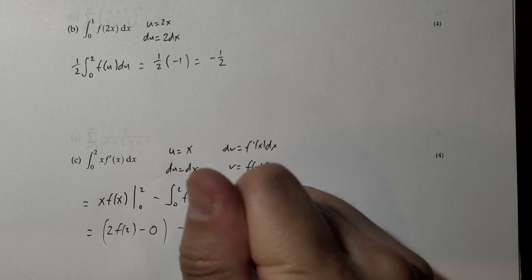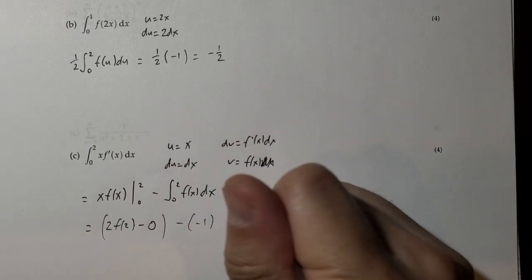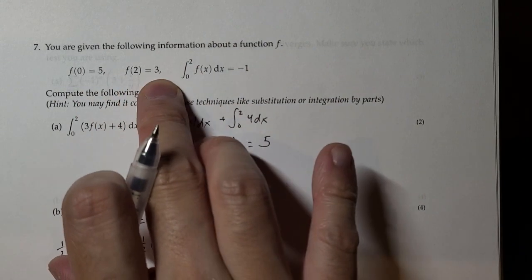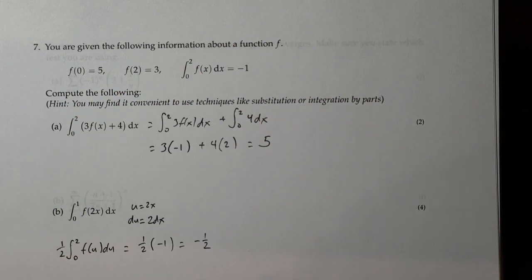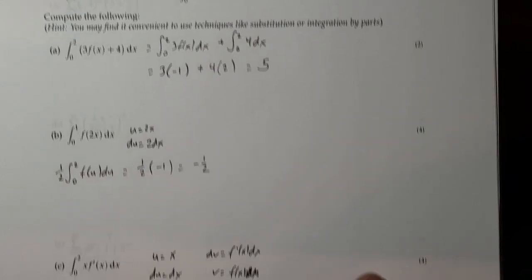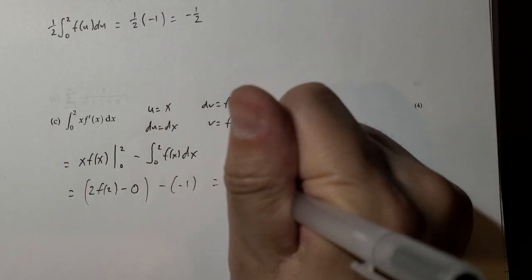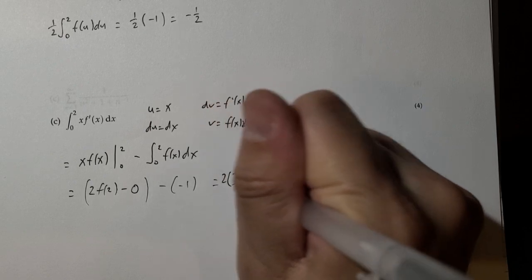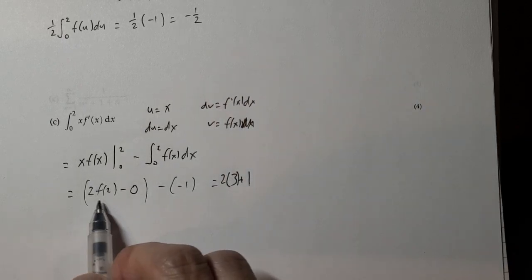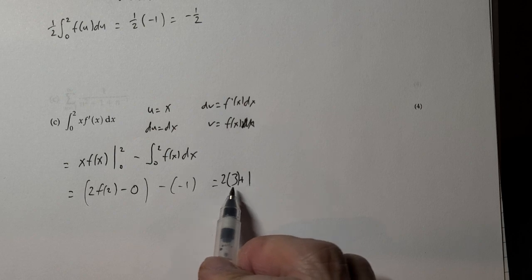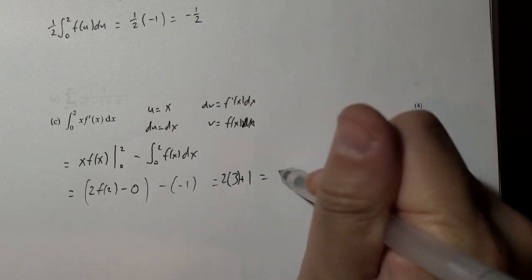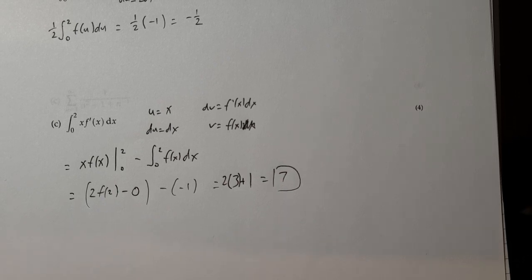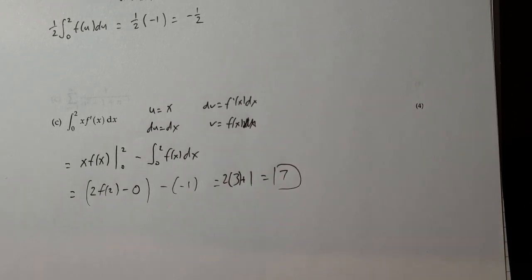Then minus, this was minus 1. So this is 2 f of 2. f of 2 is 3. So it'll be 2 times 3, yes, plus 1, so that would be 7. Okay, that's our answer for that. Okay, I'll stop here for this part.